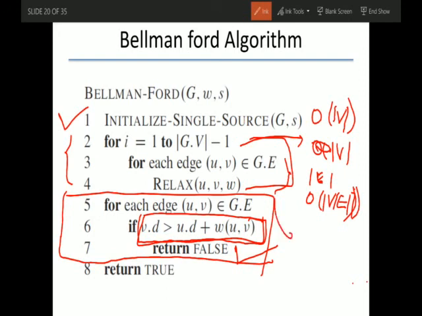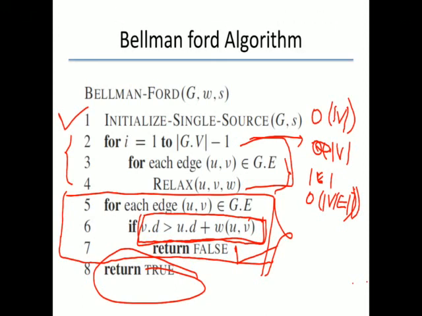If this condition is not true, that is, there is no negative weight cycle, the answer will be returned as true, that is, the solution is found, and the solution is embedded in the graph in terms of v dot d. You can extract the shortest path estimate by looking at the v dot d value, and if you want to construct the path, you can check the v dot pi value.